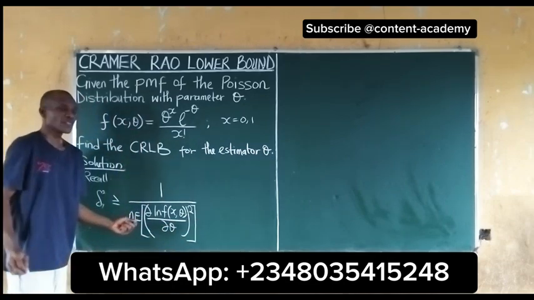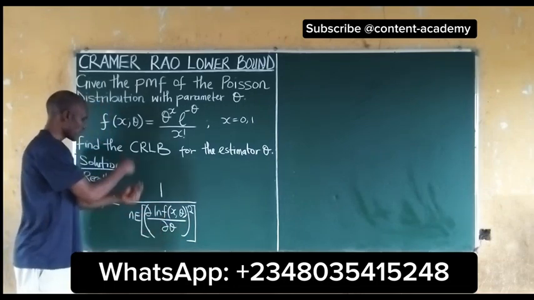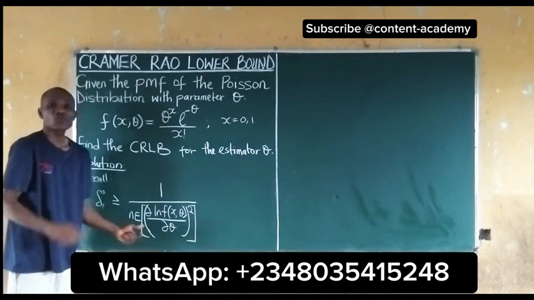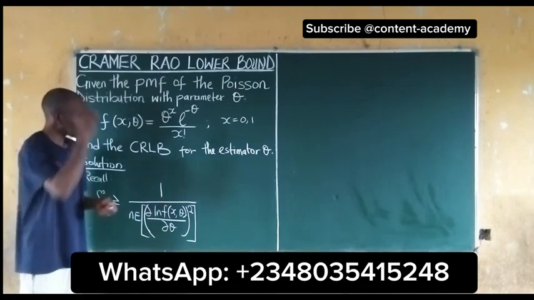So that means we have to use all of this to find the Cramer-Rao bound. Whatever we get, we have to compare it with the inequality itself.